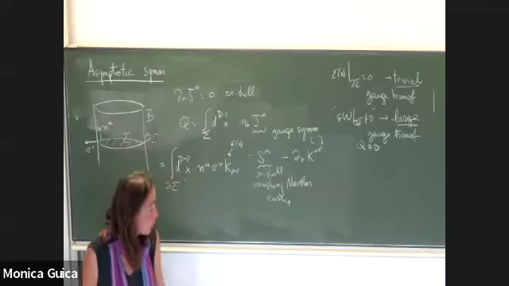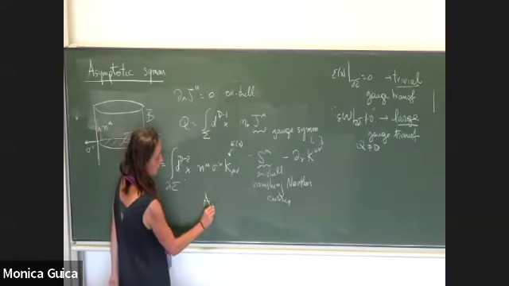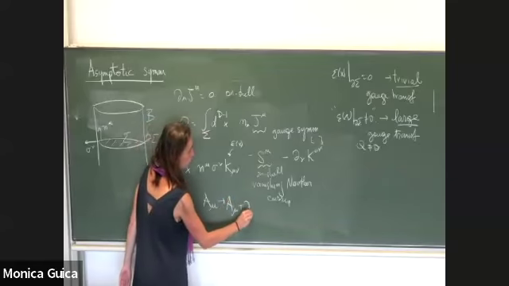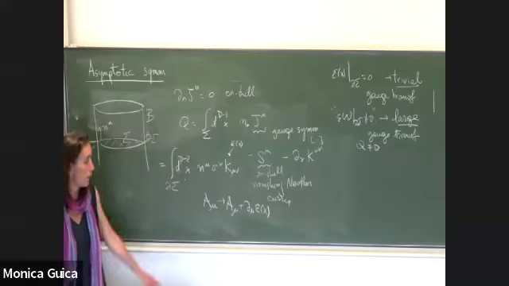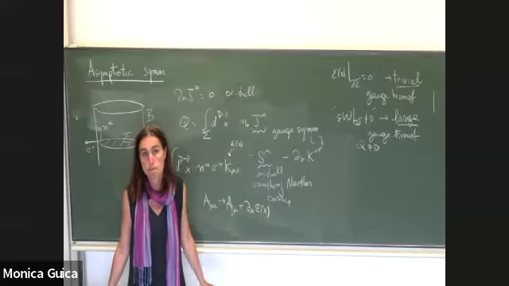Sorry, one thing. What are you calling epsilon of x? Epsilon of x, in electromagnetism, what's the gauge transformation? A_mu goes to A_mu plus d_mu epsilon of x. It is the parameter of the transformation.